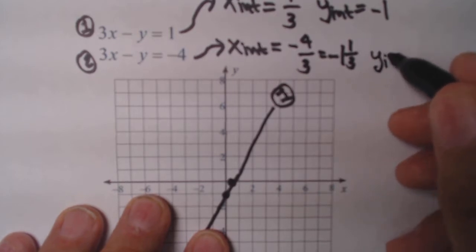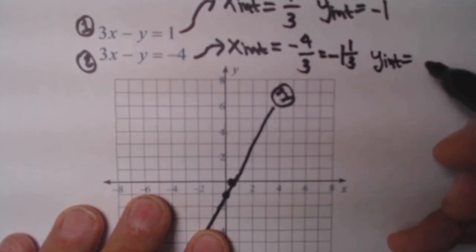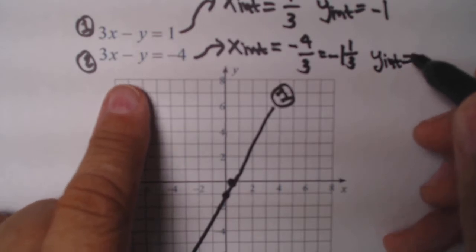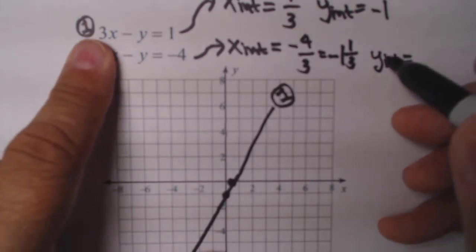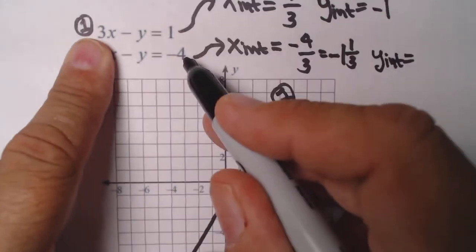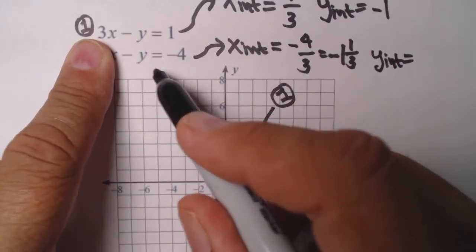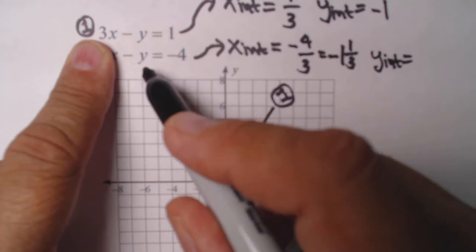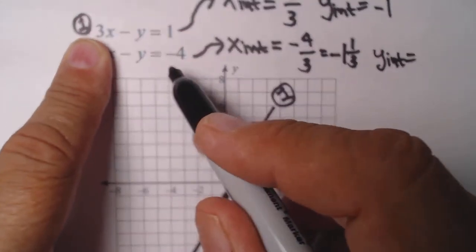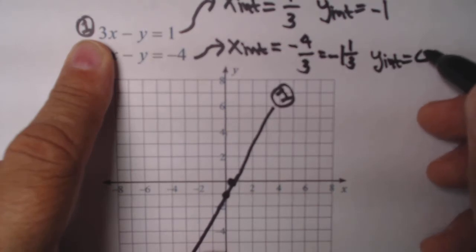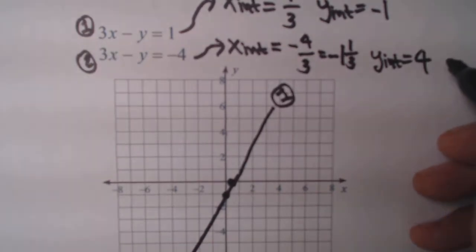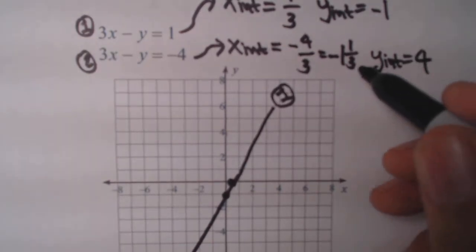Okay, the y-intercept. What's it going to be? Well, if we do the y-intercept, we set x equal to 0. So I got -y equals -4. If I divide both sides by -1 to get y positive, then it looks like y equals 4. Okay, here we go. Let's see what happens.